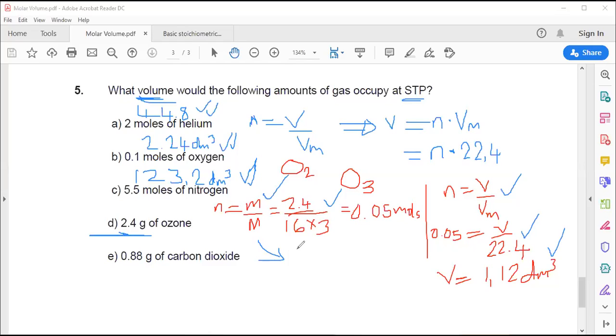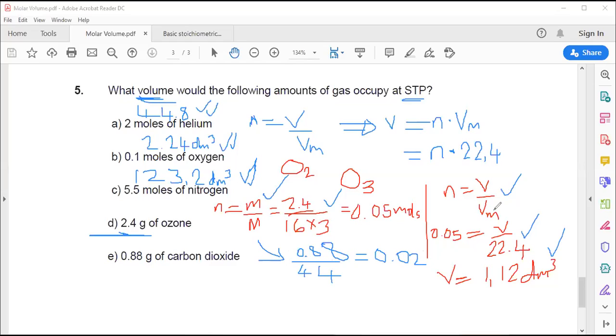But here you're going to use 0.88 divided by molar mass of carbon dioxide, which is 44. What's your answer? Answer is 2 moles. No, no. 0.02.